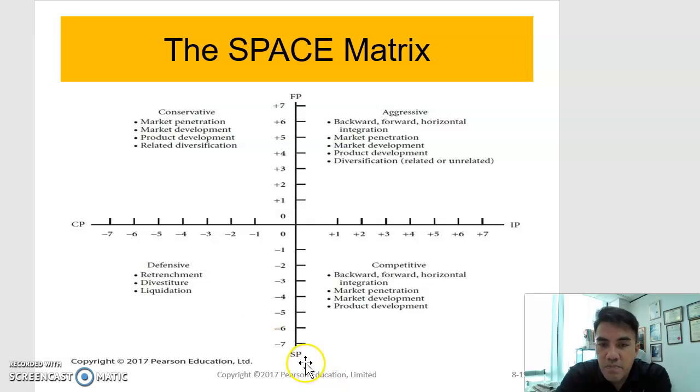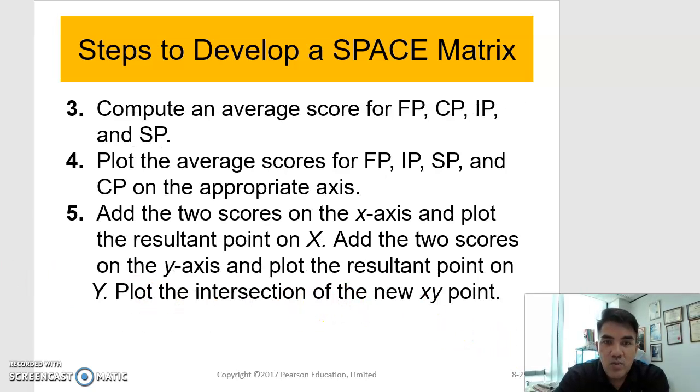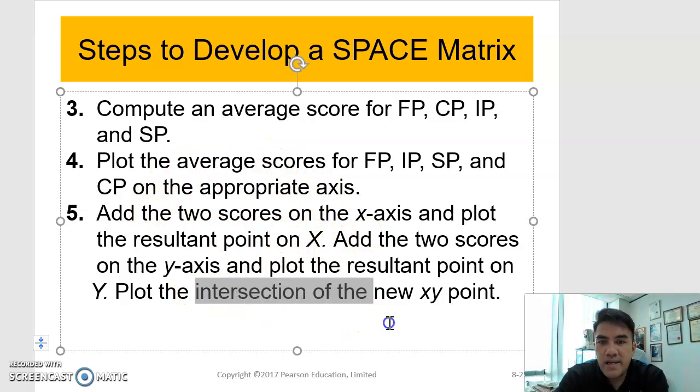For CP and SP, -1 is the best and -7 is the worst for each of the variables that make up the SP and CP dimensions. Then the third step, you compute, add the 2 scores, plot, and identify the intersection.